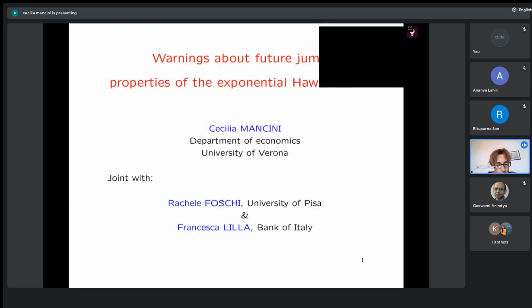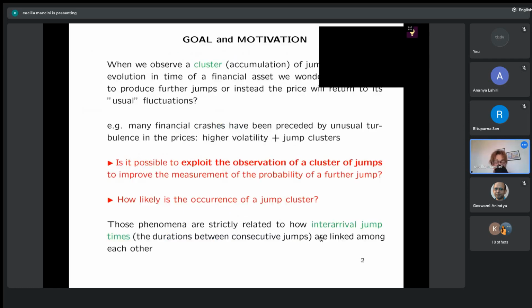The work I'm going to present is joint with Rachele Foschi at the University of Pisa and Francesca Lilla at the Bank of Italy. So what motivates this paper? I am dealing with modeling financial asset prices, and in particular jumps occurring in financial asset prices.